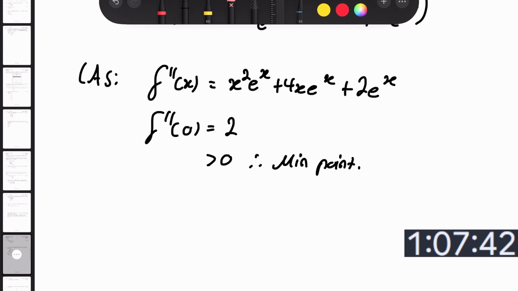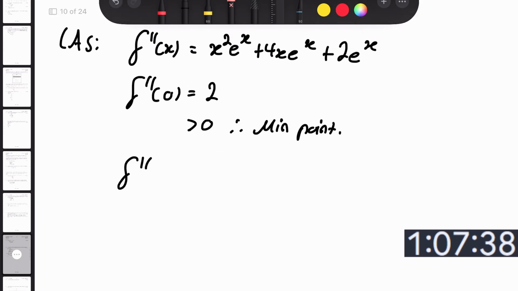Let me just double check. Answer given x is equal to 0, it's 2. Negative 2 is going to be negative 2 e to the negative 2, which is less than 0, therefore max point.